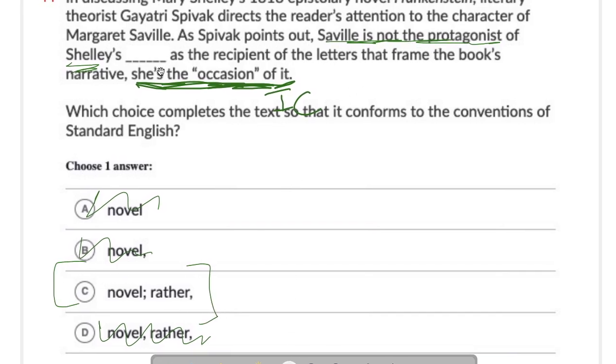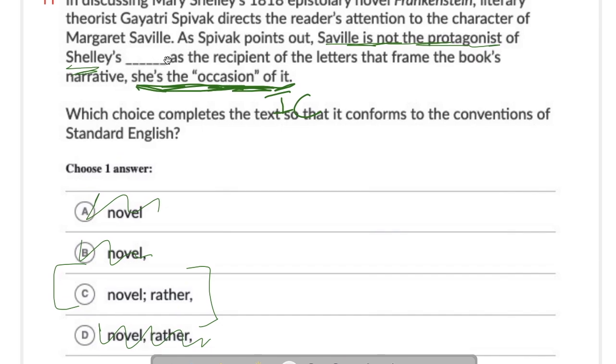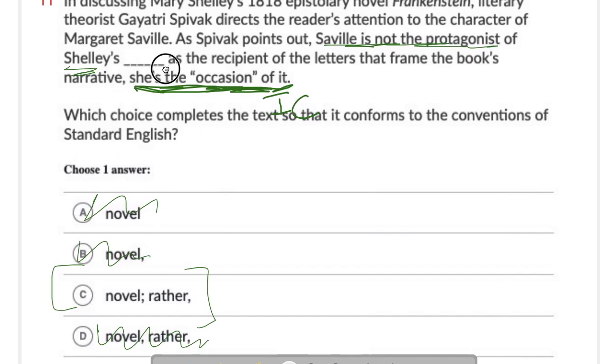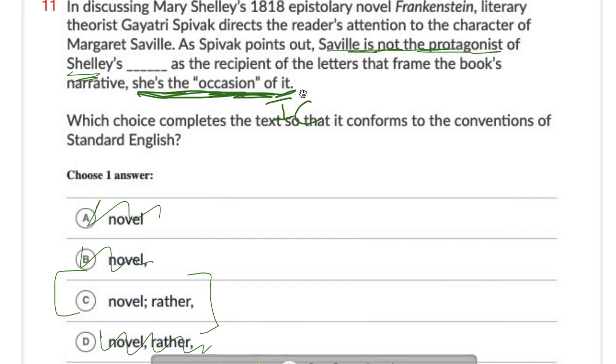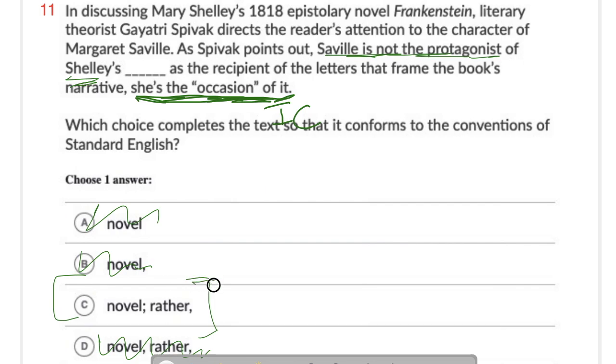Saville is not the protagonist of Shelley's novel; rather, as the recipient of the letters that frame the book's narrative, she's the occasion of it. Okay, so that is that.